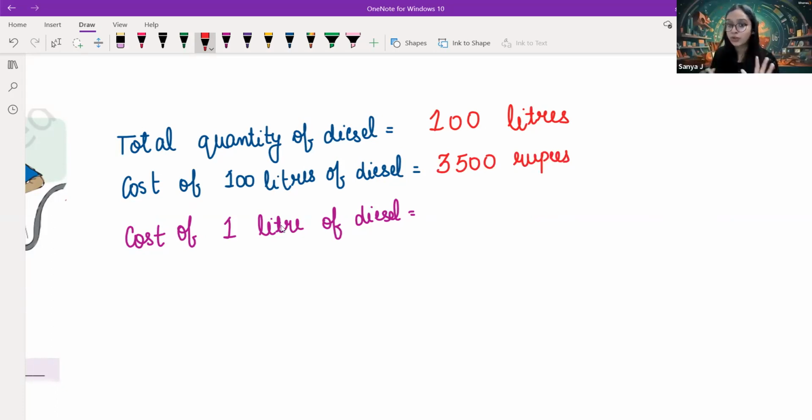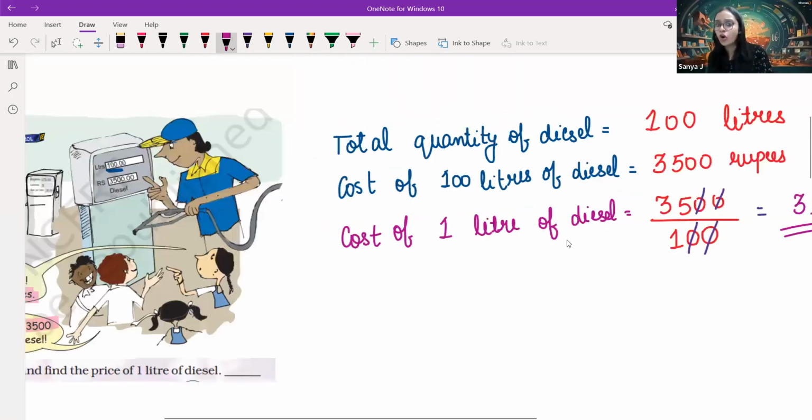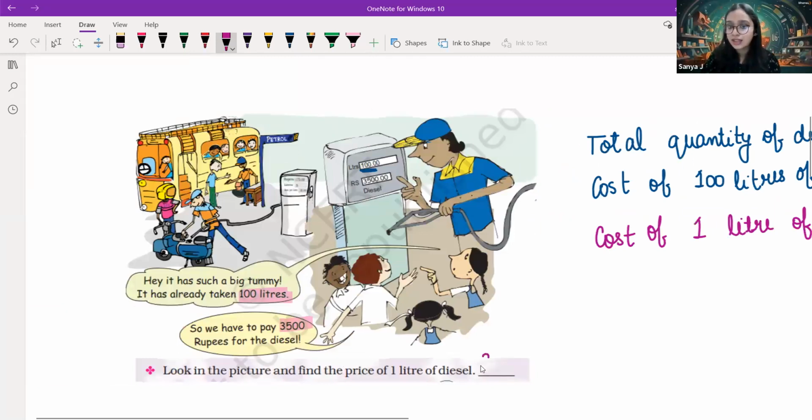We will simply divide 3500 rupees by the total quantity of diesel that is filled, that is 100 liters. We can simply cut these zeros. 1 zero cut, 2 zeros cut. And the answer is 35 rupees. So the cost of 1 liter of diesel is rupees 35. Simple, everyone?